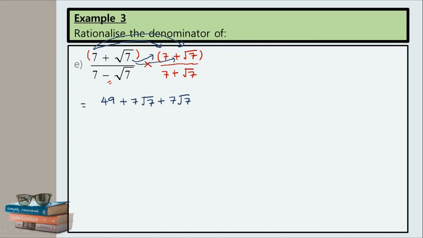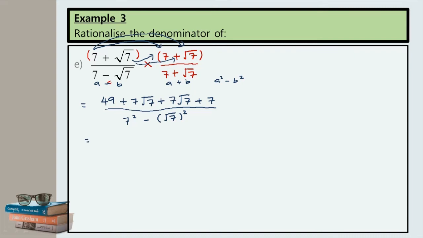And surd 7 times surd 7, surd yang sama, times. Bila surd 7 darab surd 7, 7 over. Okay, since this one A minus B, A plus B, dia akan jadi A squared minus B squared. So we have 7 squared minus surd 7 squared.